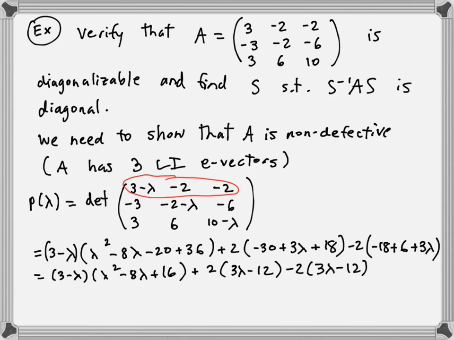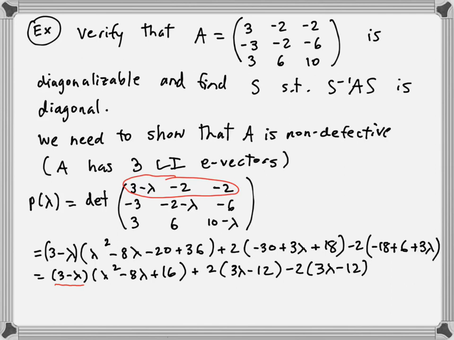Okay. Now, I'm hoping that you guys notice that because there's a 3 minus lambda here, I'm going to check to see if there's a 3 minus lambda in the others, but I do not have a 3 minus lambda in the others. So I'm going to go ahead and factor the left all the way.